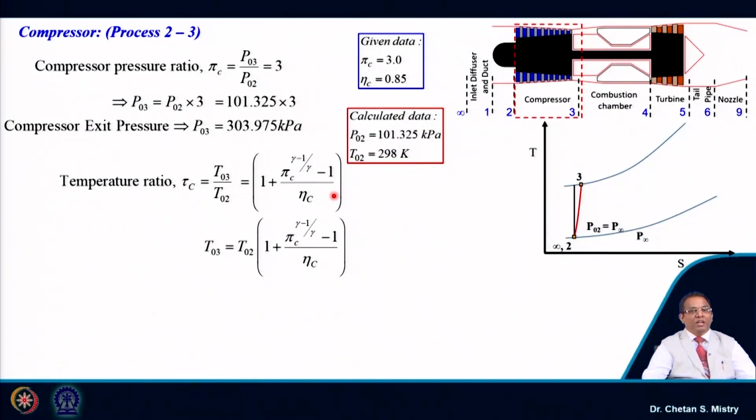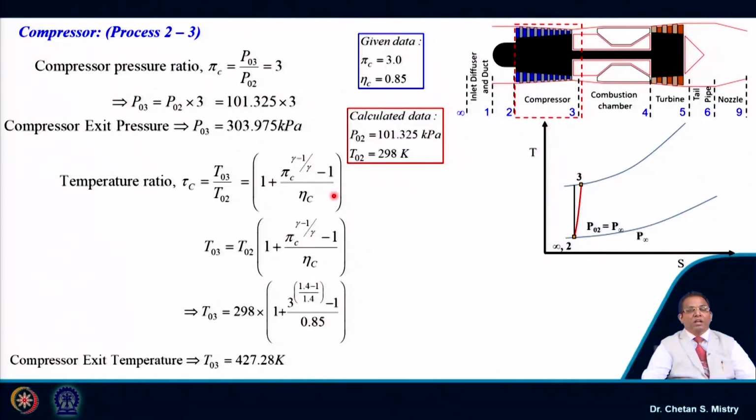If we put in T02 as 298 Kelvin and the pressure ratio as 3, we get the compressor exit temperature, which is 427.28 Kelvin. I am sure you are getting the same numbers. You can cross verify the answers.